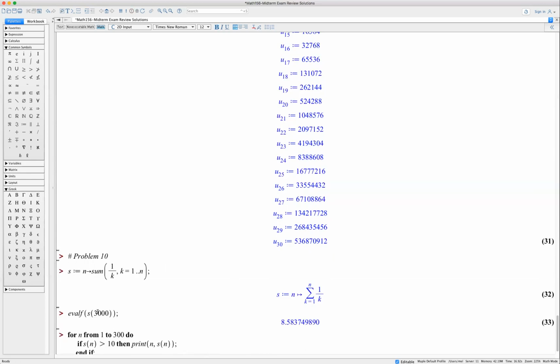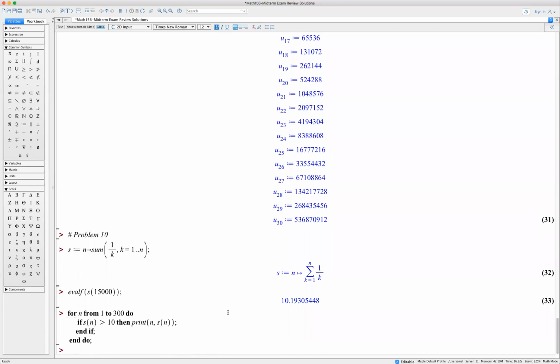If I go out to 5,000, it's 9. If I go out to 9,000, if I go out to 11,000, still not up to 10. 15,000? So somewhere up around 15,000 terms, I finally get a number bigger than 10.